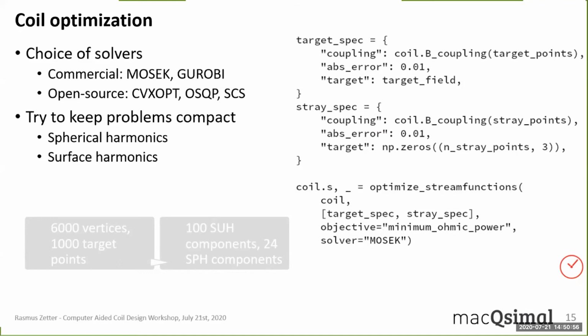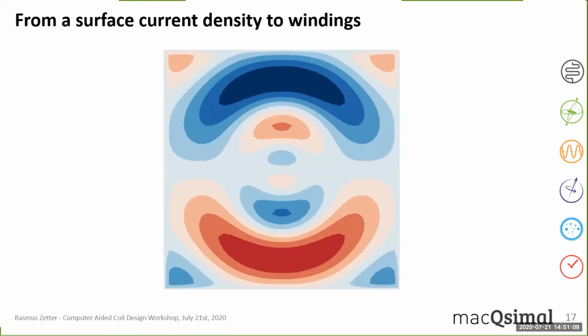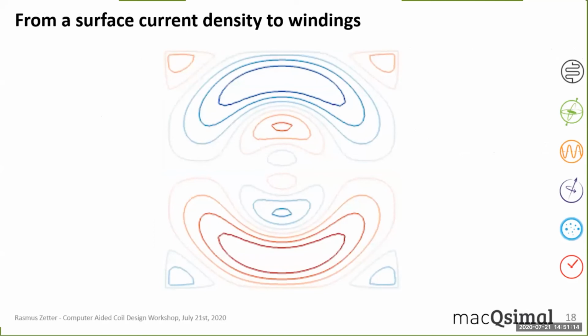Right, so just taking a step back, we have the S vector. It might look like this, for example. We want to make this into windings. Well, that was covered quite nicely already. So if you quantize it a bit, you start to see where this is going, making windings by isolines on the stream function.